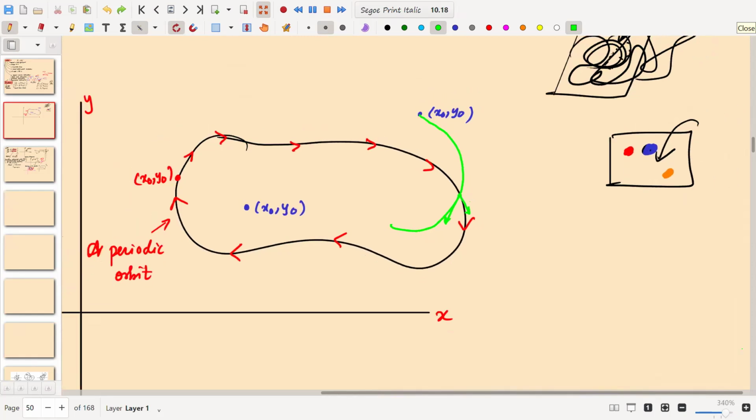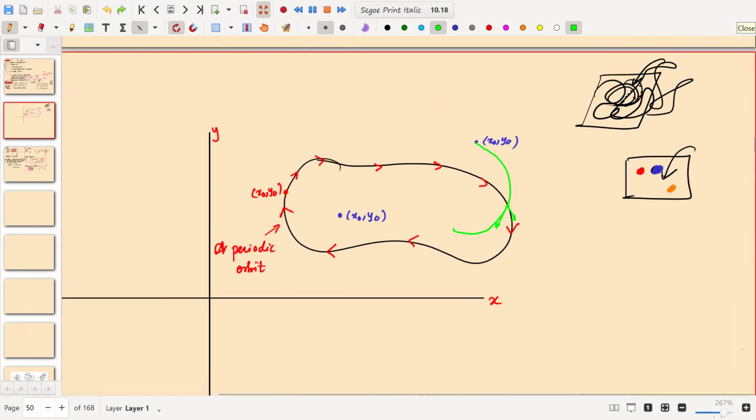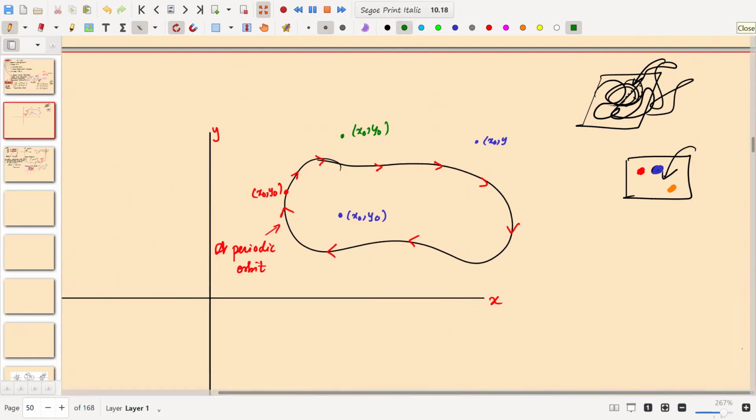What else can happen? You started from an initial condition here, right? What else can happen? It can keep on wandering.